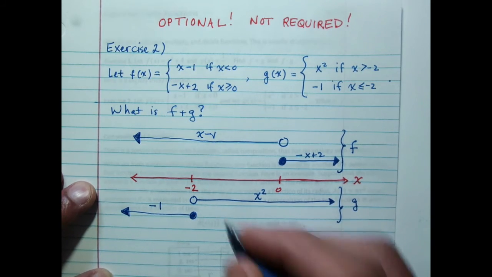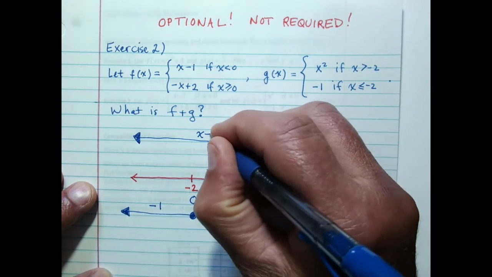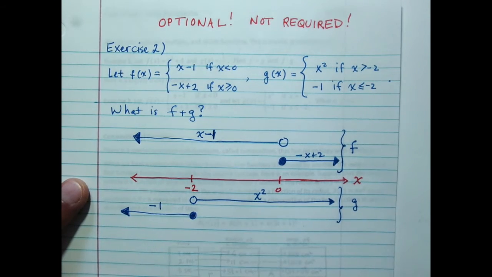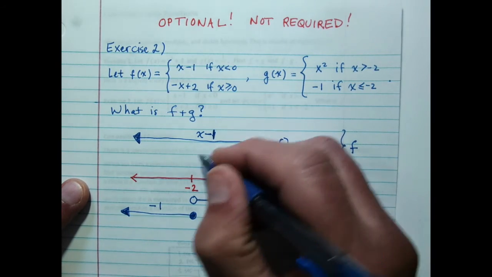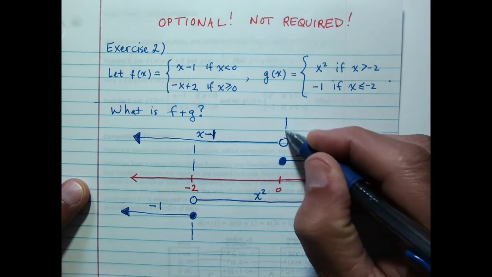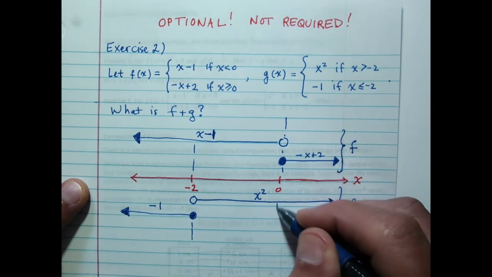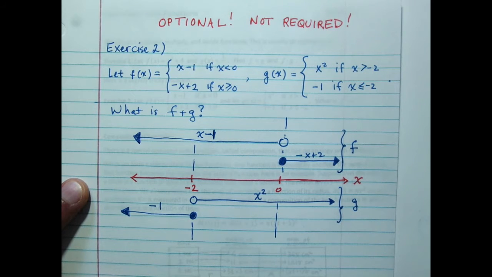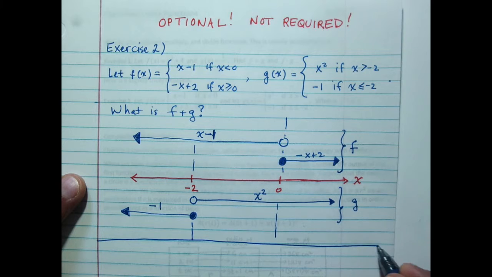So I hope you can see that things kind of get divided at -2 and at 0, right? And for f plus g, I'm going to draw a line and then write f plus g.